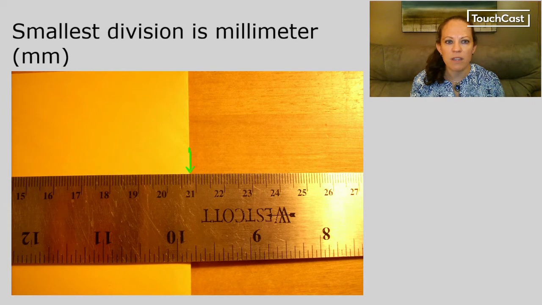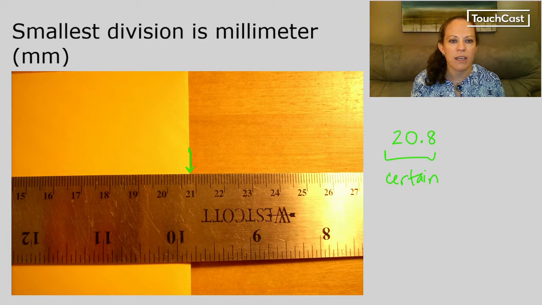So we can report this as 20 centimeters, and then we can count out 8 millimeters beyond that. So that would be 20.8 centimeters for our certain digits. And since we have that edge right on a marking, we're going to call our final uncertain digit 0.